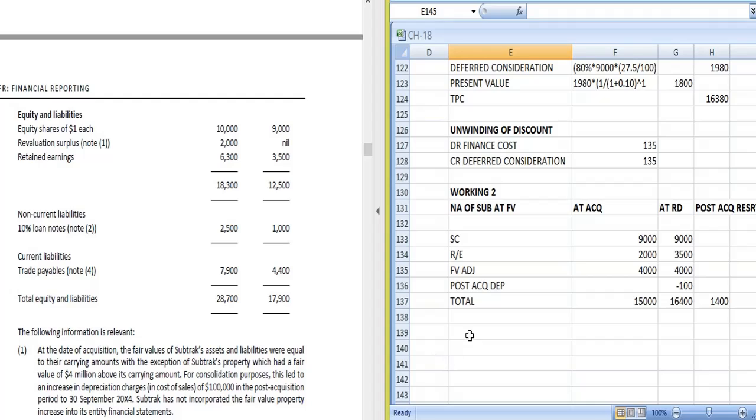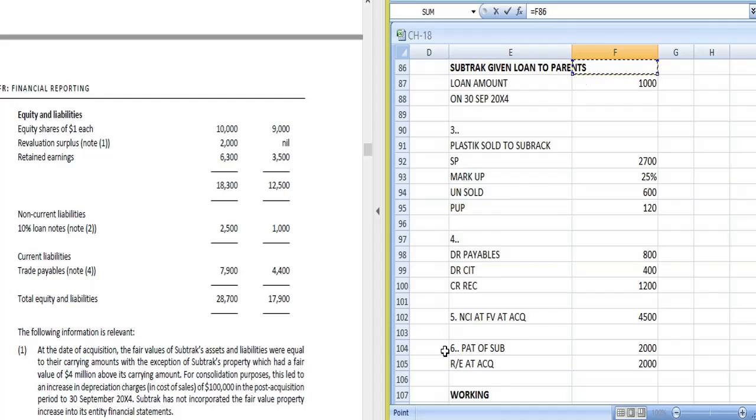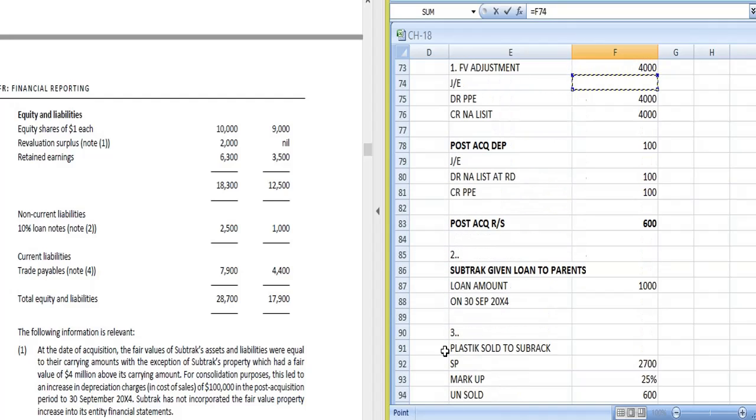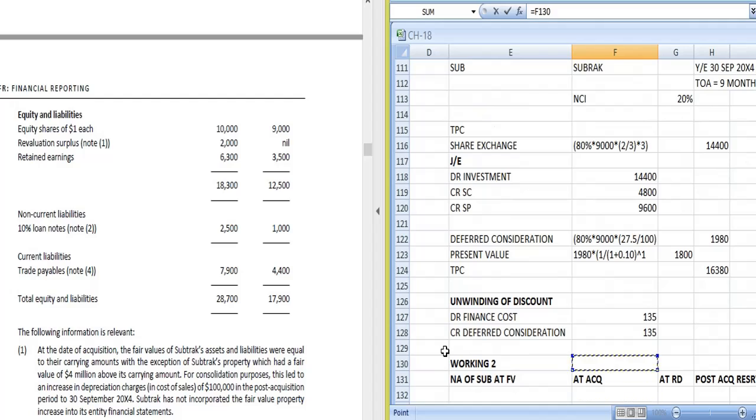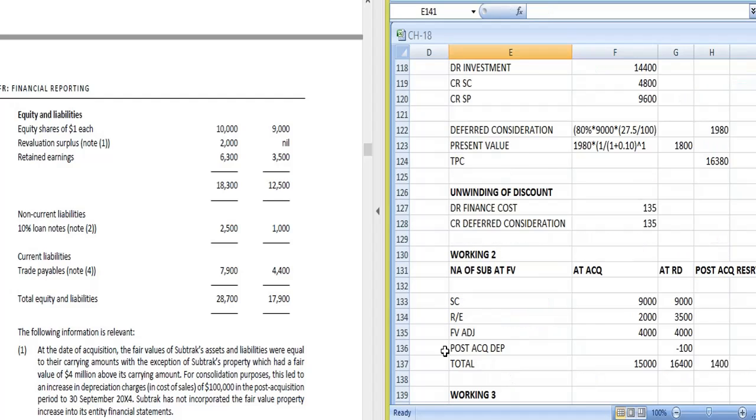So now we will move to the working 3, which is for the goodwill. We will first record the consideration paid by parent. The amount we have already calculated above. This total purchase consideration here is 16,380.